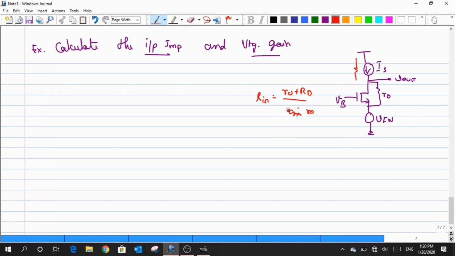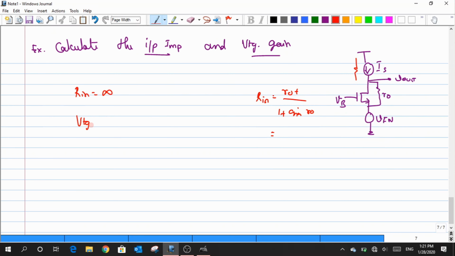But what has happened is that the value of RD has now become infinity. What happens to the entire formula? Infinity. Infinity divided by anything is equal to infinity itself, right? So we have got the value of Rin equal to infinity.